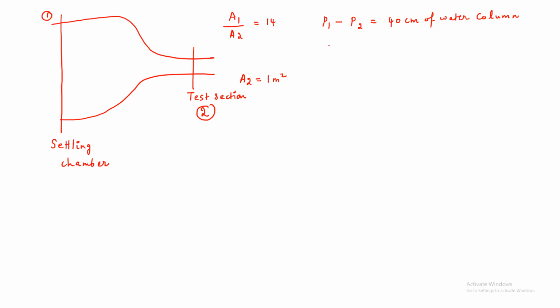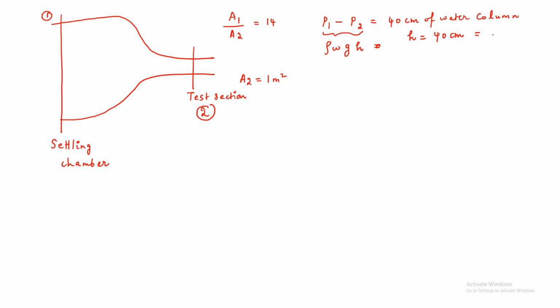So then what is this? Our rho of water, g and h, where h is 40 centimeter. So this is what P2 minus P1 is. This h is our 40 centimeter.